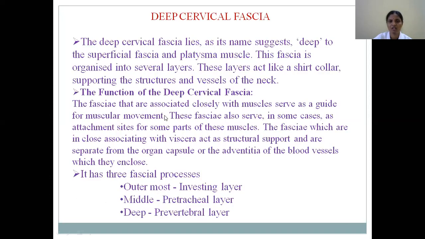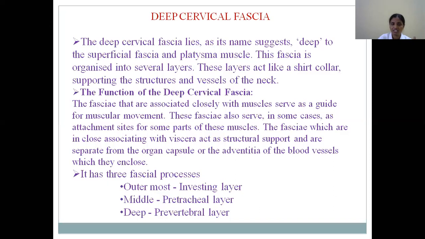Before, I told you the function of the deep cervical fascia. Anywhere in the body, not only in the neck, the function mainly is to prevent infections. How does it prevent them? Histologically, the superficial fascia is loose areolar tissue.